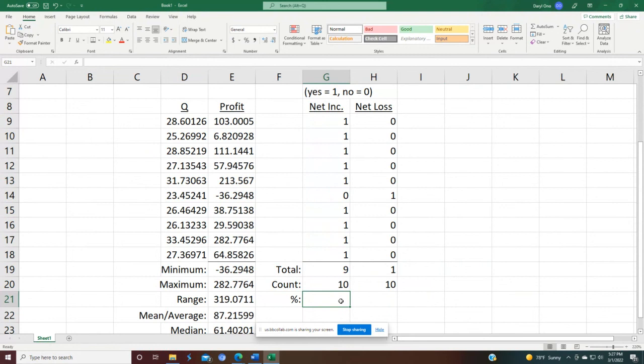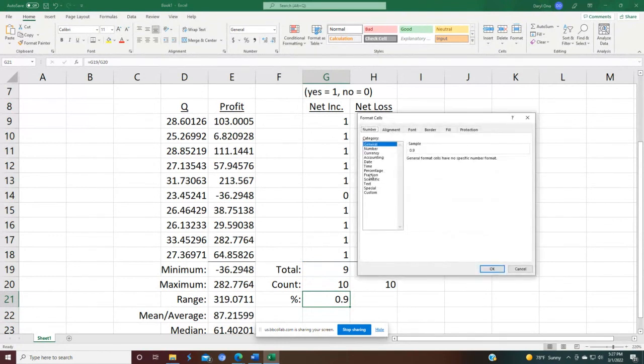What does this key performance indicator tell us? I'm going to do equal to the total divided by the count. Okay, and let's put this as a number.